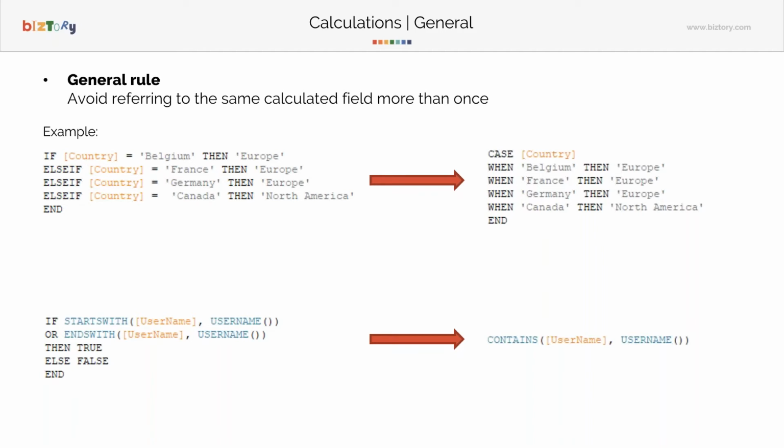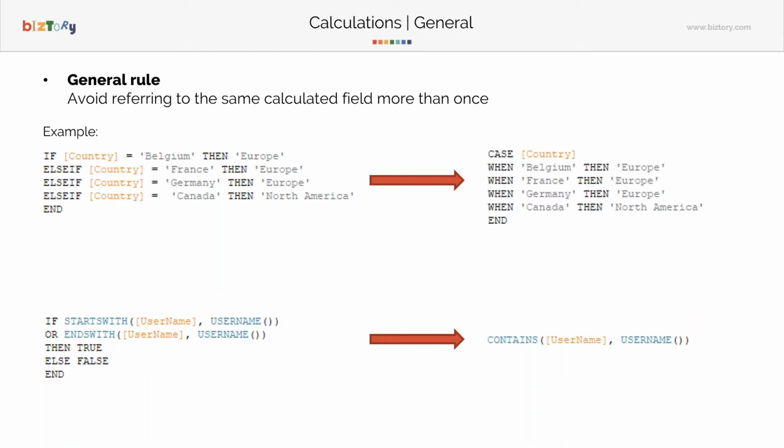You are using the country field, and you only refer to it once, and you get the same end result. So you look into the country dimension or country calculated field. You say when it's Belgium, then Europe; when it's France, then Europe; when it's Germany, then Europe, etc. Instead of saying if country is Belgium, then Europe; then again if country is Belgium, then Europe; and then again else if country is France. Then you go into that same loop every time again, but for different countries, of course.